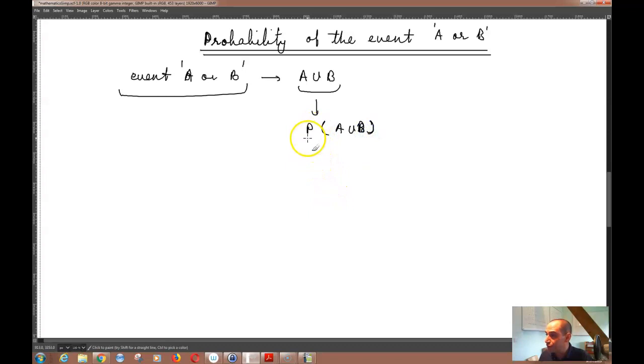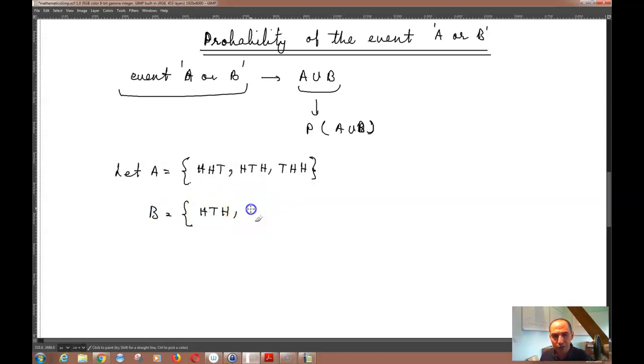And so, for example, let A be equal to HHT or HTH or THH, and that is all of the outcomes related to A. And let B be equal to HTH and THH and HHH.